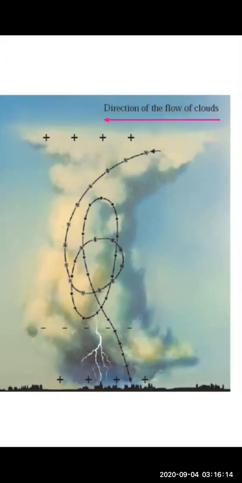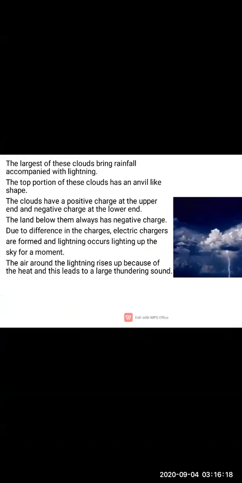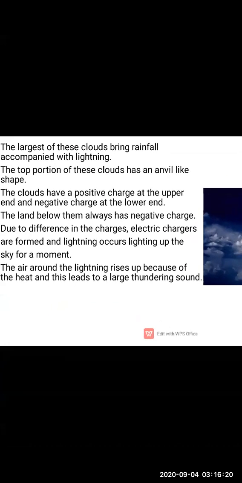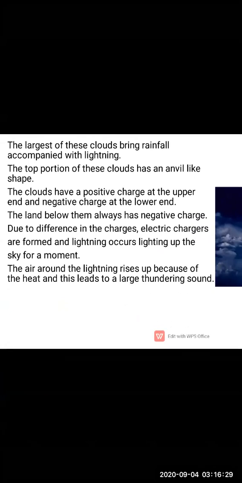So moving ahead, the land below them always has negative charge. Due to the difference in the electric charges, lightning occurs, lighting up the sky for a moment. So this is how we observe lightning in the sky, due to the difference in the charges.